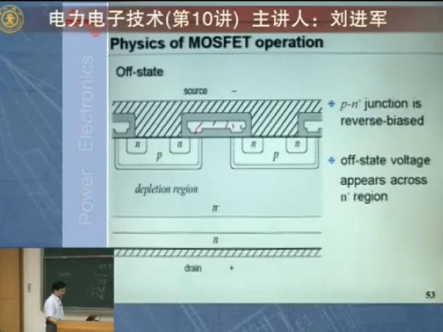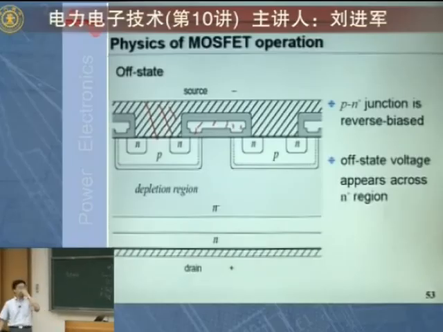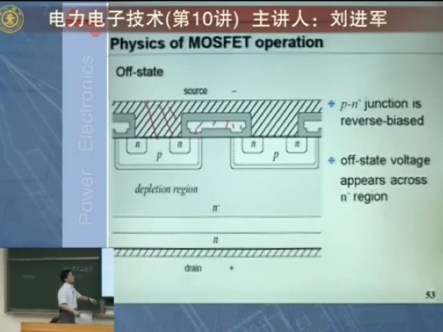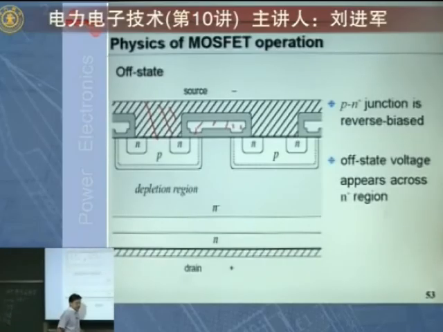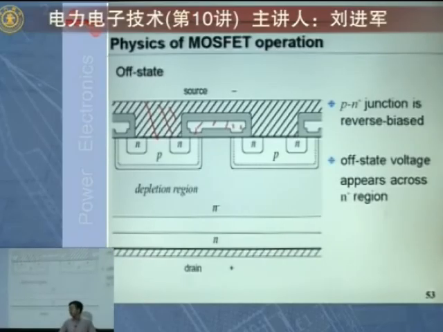This is the source. Between gate and the source, when you don't apply positive voltage, there's no conducting channel. The current cannot flow through because you have this large N- area.